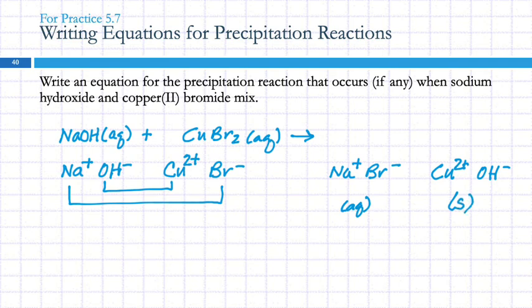So now we have to finish. I'm going to put the sodium ion and the bromide ion together to form a compound. And then I'm going to form a compound with the copper and the hydroxide. And it didn't leave much room there. We learned how to write these ions and these formulas in a previous chapter, right?